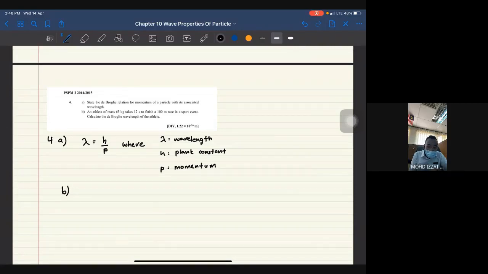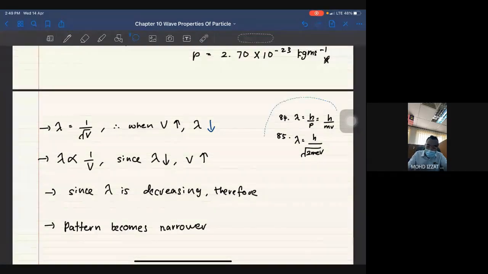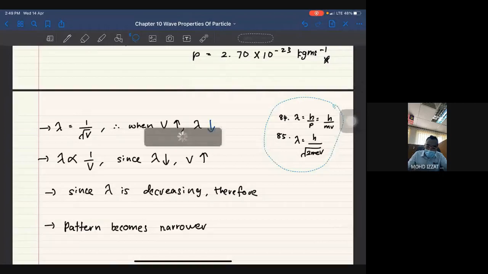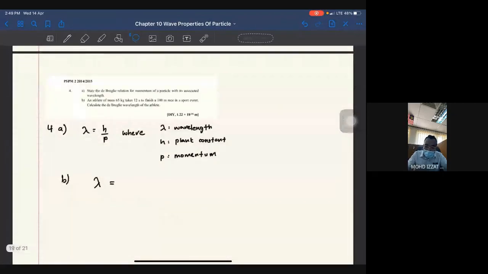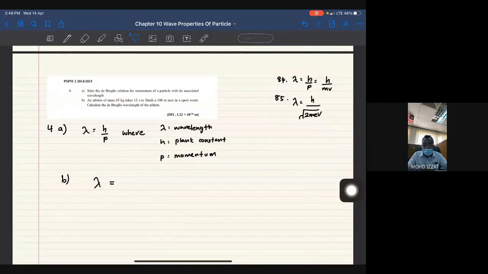Okay, 65 kg tu is about saya punya berat lah. 12 second tu kalau saya lambat lagi lah. So lambda is equals to, okay, kau nak pakai formula apa? 84, 84, correct. So 84 tu just remember yang H over MV tu dia tak tulis, but then that one you should know it yourself.